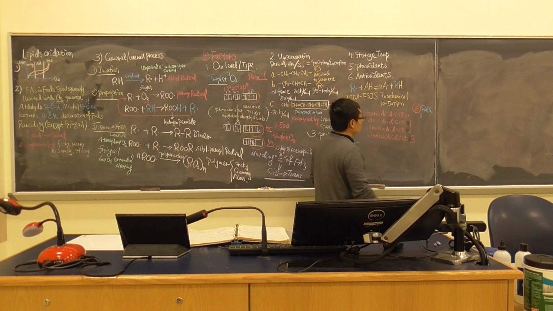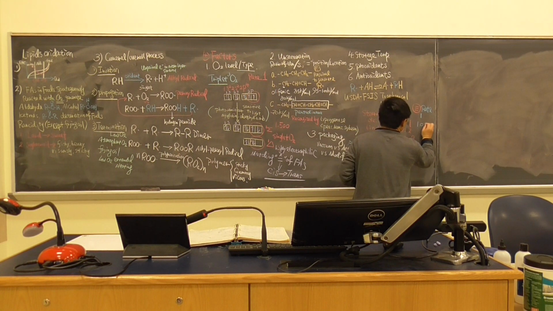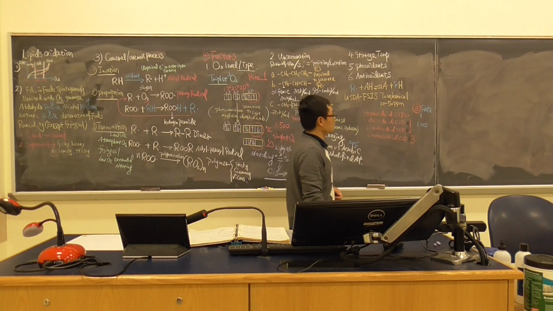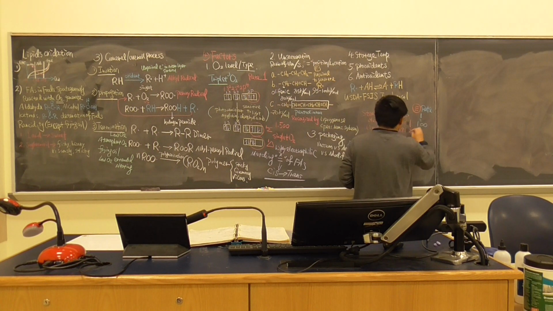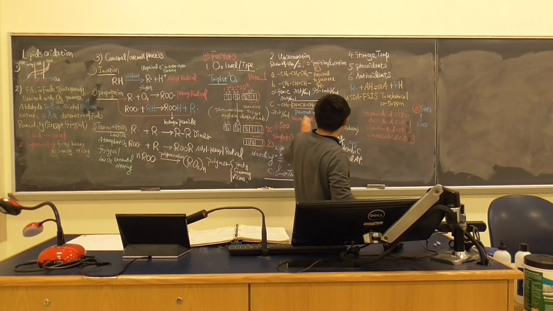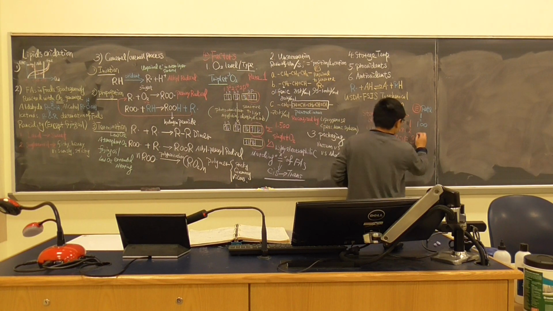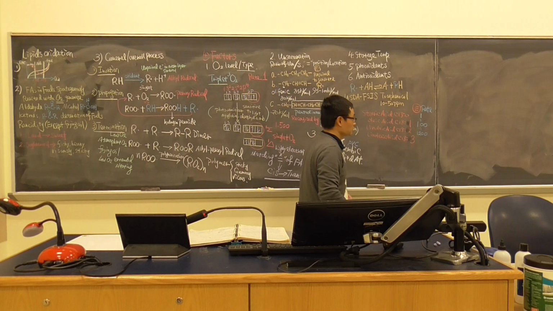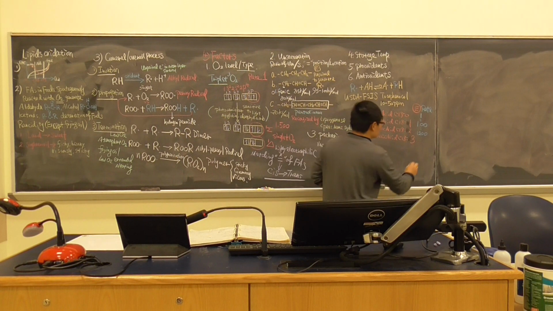Oleic acid with 1 double bond will be 100 times easier to happen, and the rate will be 100 times more than stearic acid. If I have 2 double bonds there in the pentadiene status, this will be significantly increased to 1,200 for the rate. How about if I have 3 double bonds?